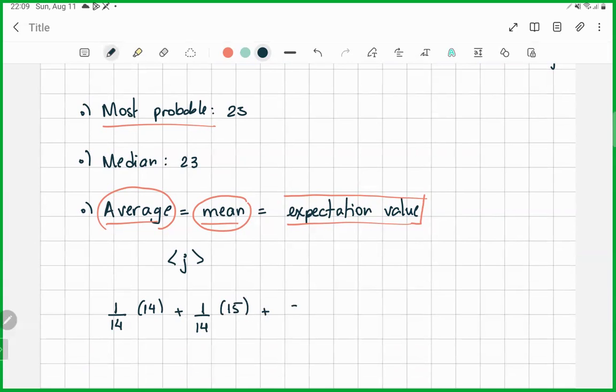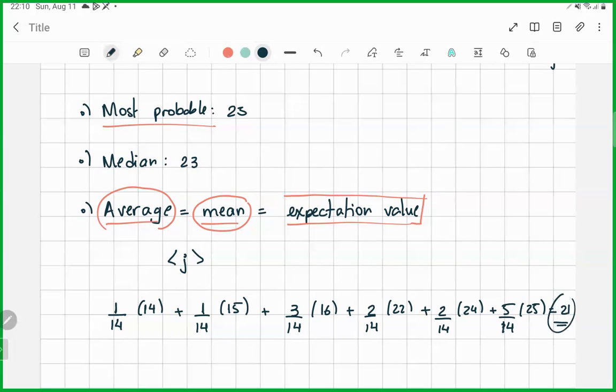We have probability 3 over 14 of someone age 16. And we go on. 2 over 14 to be 22. We have 2 over 14 to be 24. And then finally, 5 over 14 to be 25. If you compute that, you will get 21. Okay? So in our particular problem, 21 is the mean, is the average.